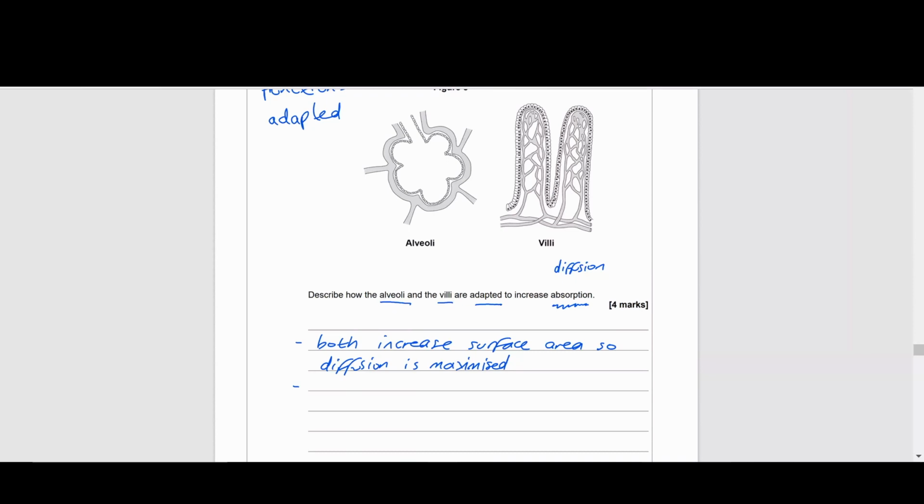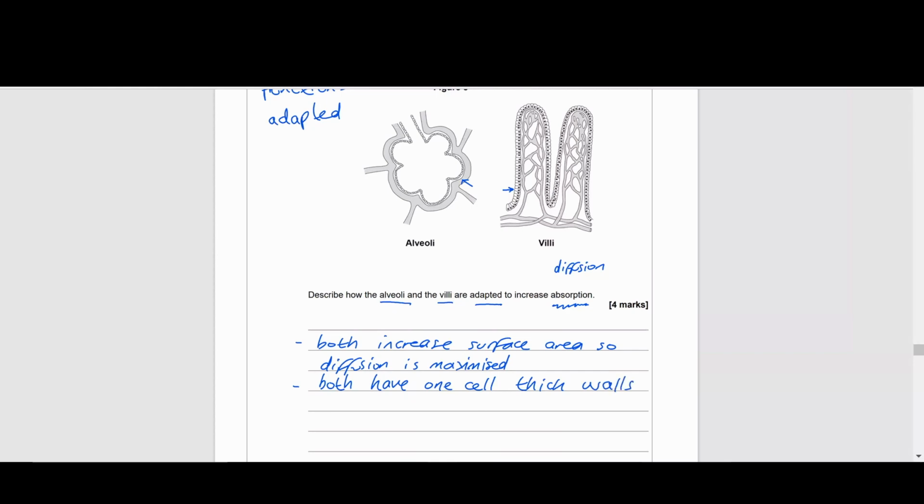Okay, let's think also. We see these cells here. What is special about these cells? Well, these cells that line our villi and that line the alveoli, they're only one cell thick.